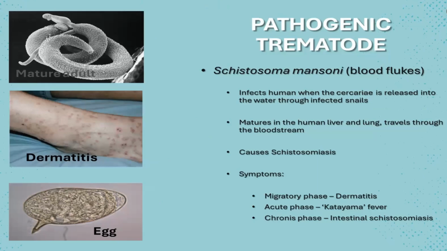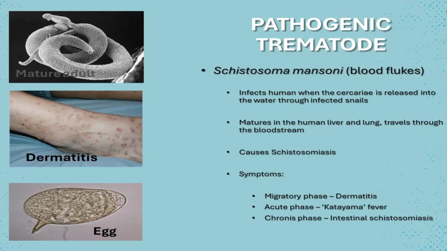Another organism, pathogenic trematode: Schistosoma mansoni, blood fluke. It infects humans when cercariae are released into the water through infected snails. They mature in the human liver and lung, traveling through the bloodstream, and cause schistosomiasis.